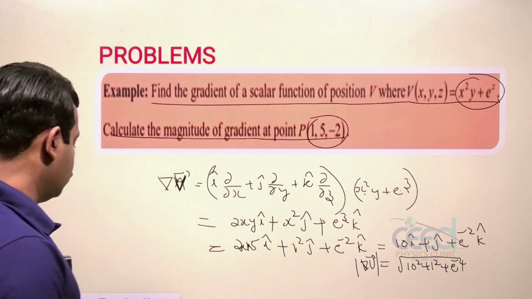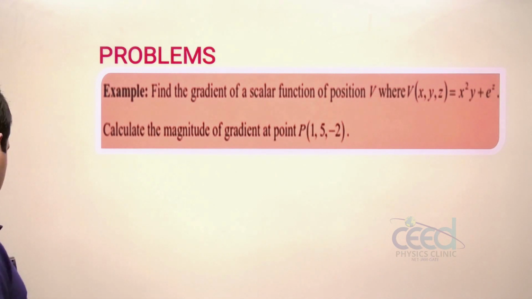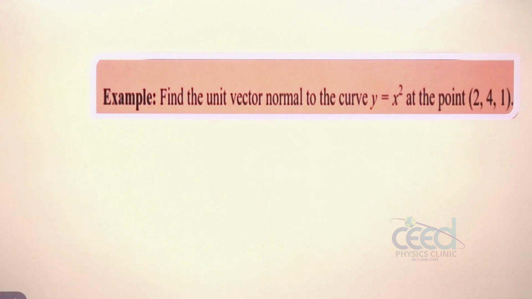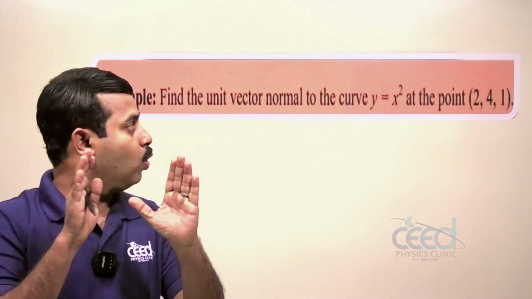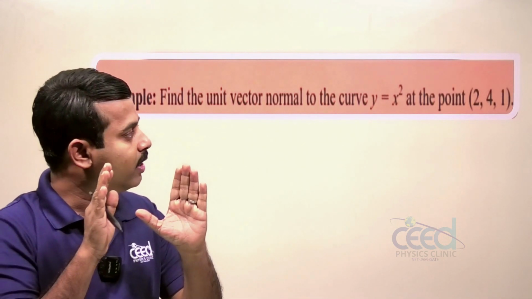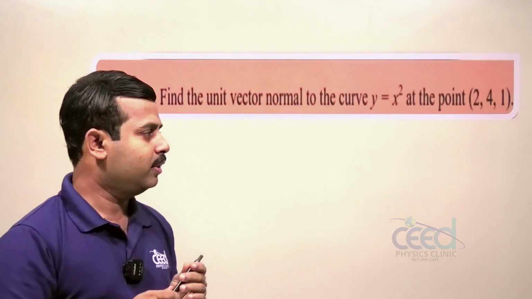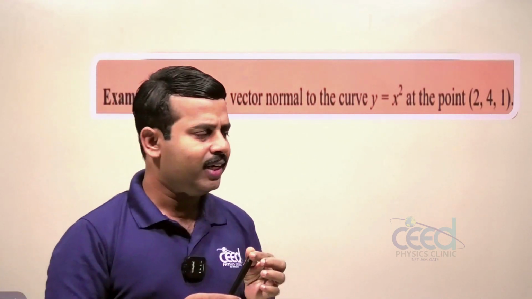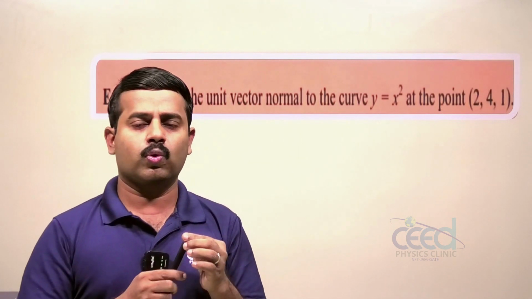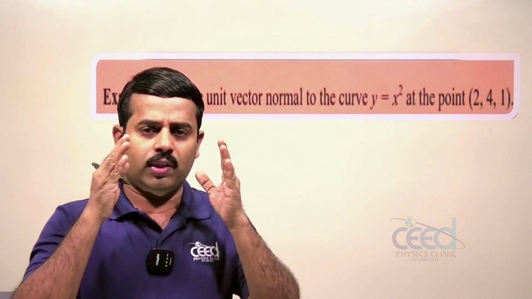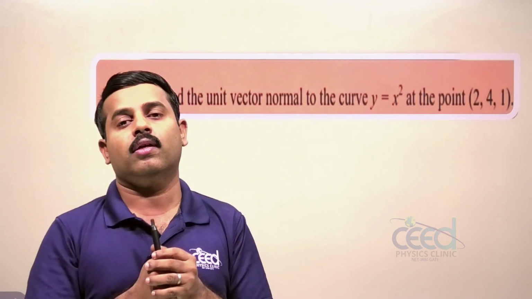Now let us go to another question. Find the unit vector normal to the curve y is equal to x square at the point 2, 4, 1. The curve equation is given. If the equation is given, what is the direction of the normal vector?